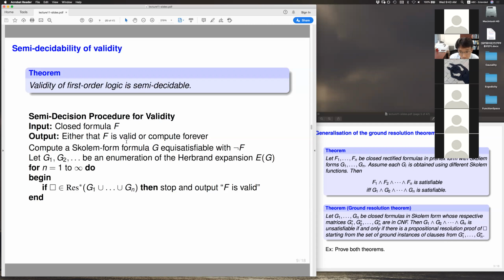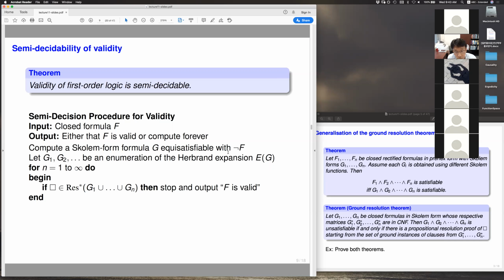The steps of the algorithm are exactly what we discussed so far. You first apply the transformation to push the negation in front of F, because instead of checking validity, we check whether its negation is unsatisfiable. In other words, whether we can't find a counterexample for F. If we can prove the negation is unsatisfiable, that means this formula F is valid.